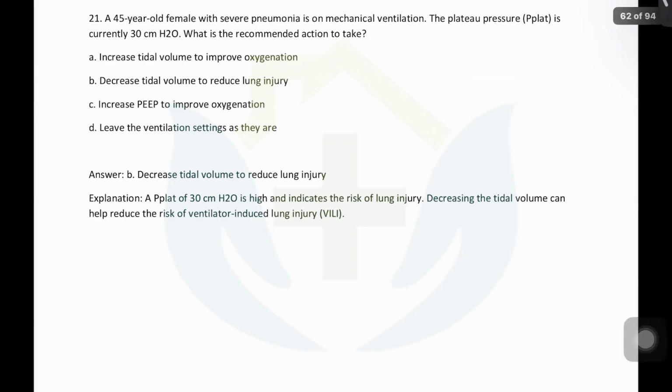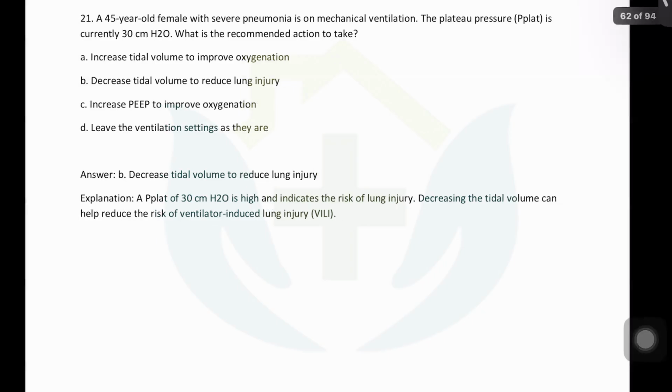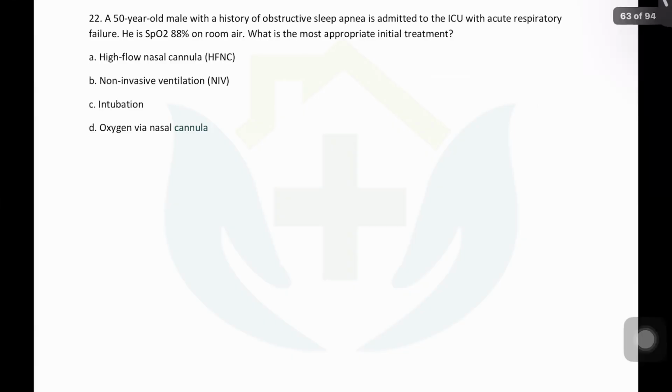If we decrease the tidal volumes, that is the only option that can decrease the plateau pressure. So 30 is fine, but we would like to keep it less than 30 at all times. So 30 means if the patient coughs or bucks, there are chances that the plateau pressure may go high and cause the injury. So as an anticipation to that, we should try to bring it down. And the only way you can do it is by decreasing the tidal volume. So we will just go into the details of that as well.